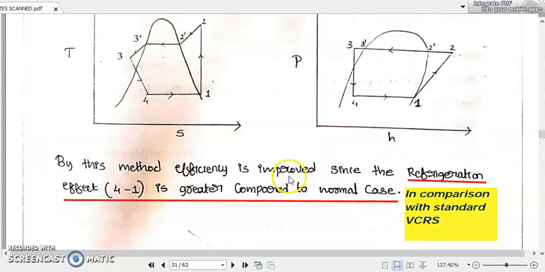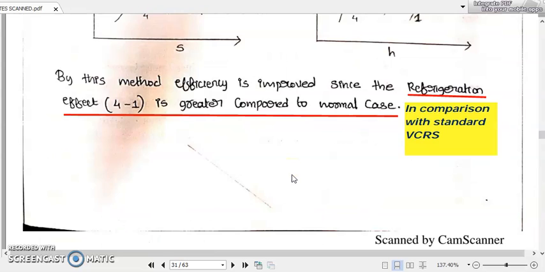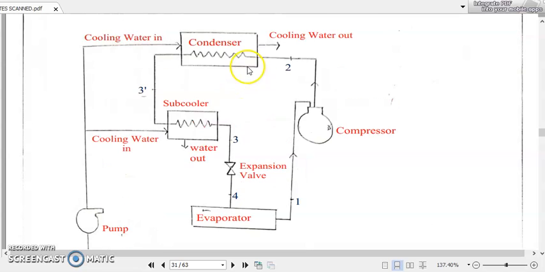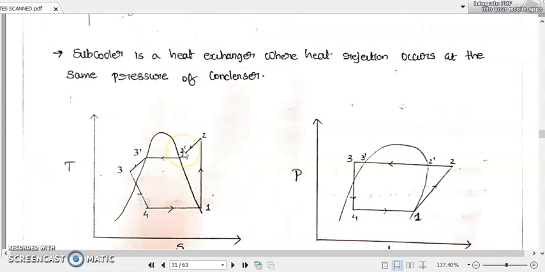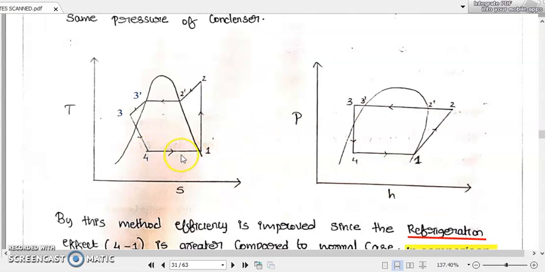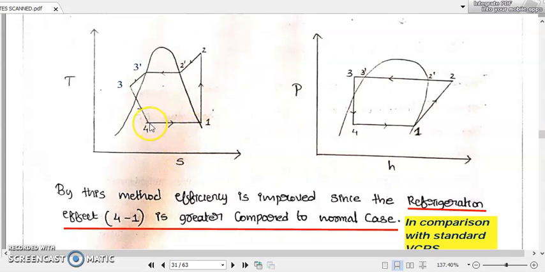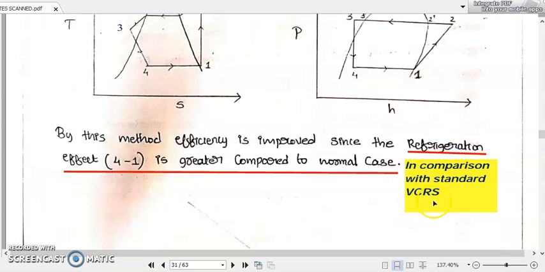So by simply implementing an additional subcooler between the condenser part and the expansion valve part, we have increased the refrigeration effect 4 to 1 in comparison with the standard VCRS.